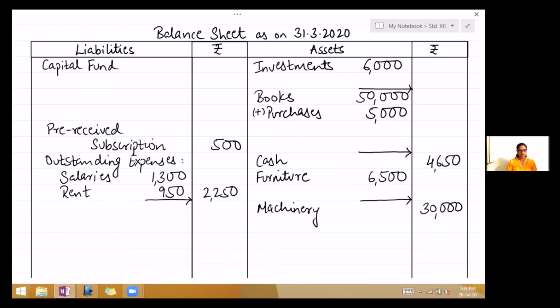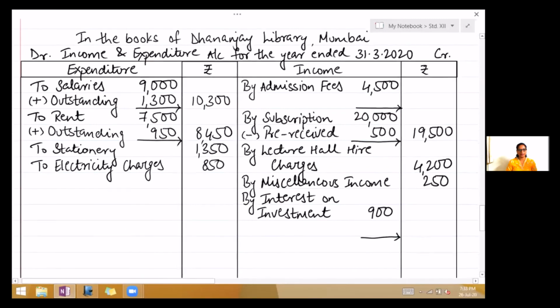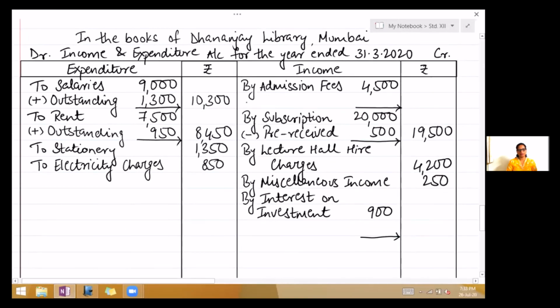Okay, next fourth adjustment, 50% of the admission fees should be capitalized. Now, admission fees we have written on the income side. 50% of this has to be added to capital fund. So write less 50% capitalized. 50% will be 2,250, outer column 2,250.